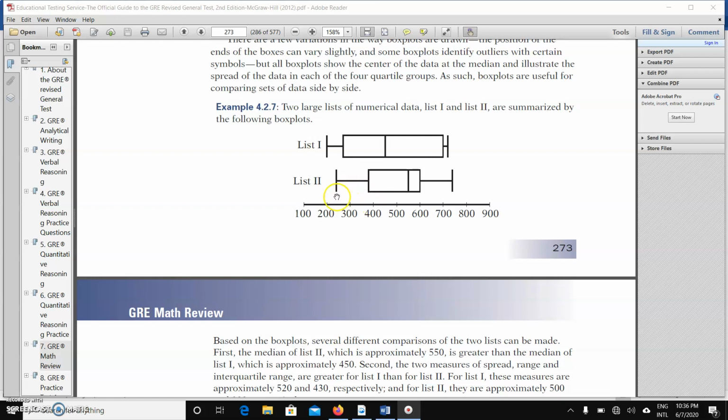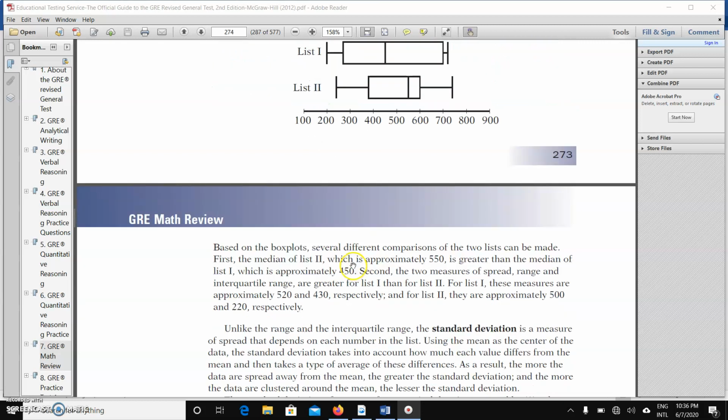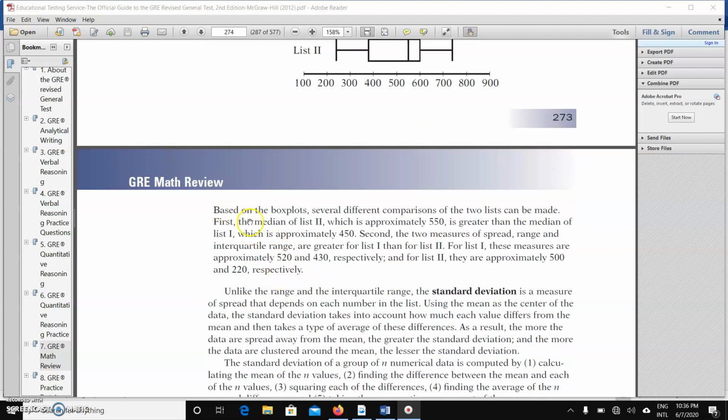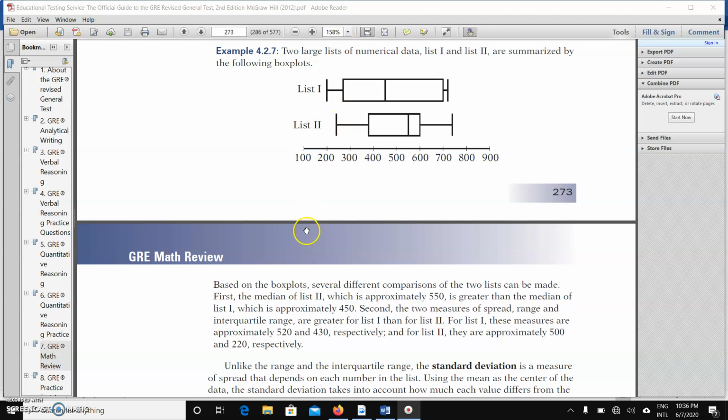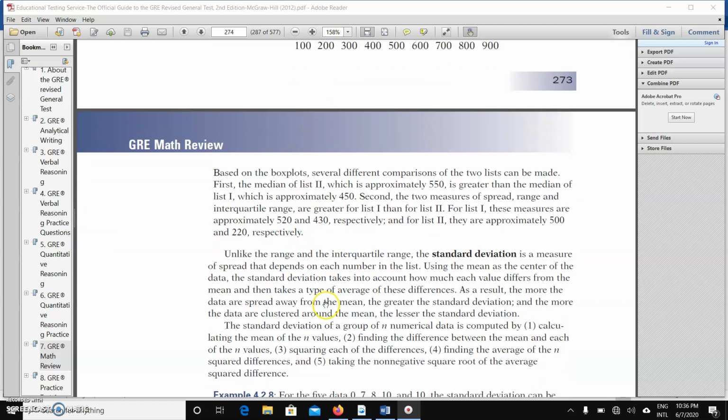Then this is the lowest number, that is 250. So that's what we're talking about here. Basically, we're comparing the two plots together. When you read it, you get to understand better. They were saying, based on the plot, I will explain this in the next video. Thank you.